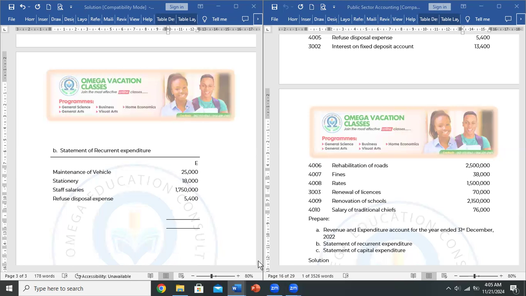But rehabilitation is a massive kind of work done on an asset, so it is a capital expenditure. The same goes for anything associated with renovations. Renovating a building means you are doing a lot to it, and if that enhances the performance of the asset, then it is a capital expenditure.